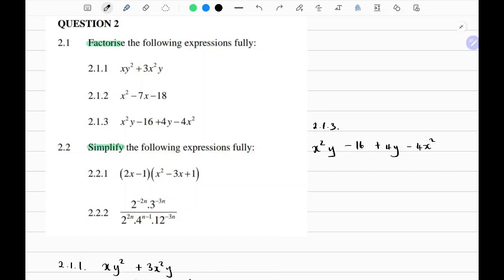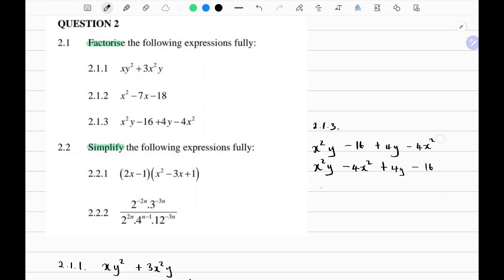The first and the last term we can rearrange so that we have x squared y minus 4x squared, because both terms contain x squared. Then we are left with plus 4y minus 16.